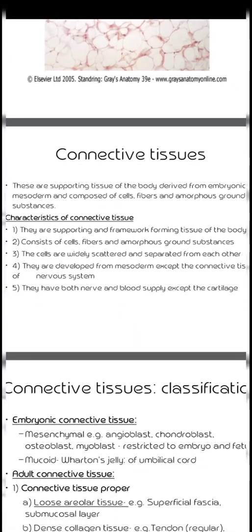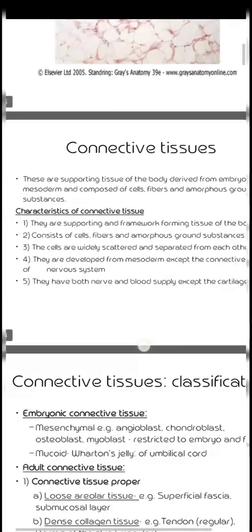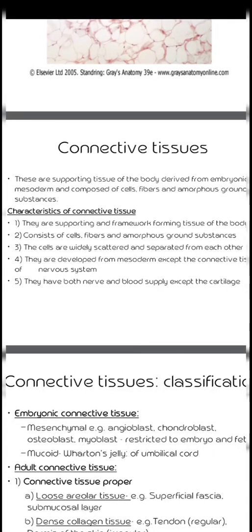Connective tissues are the basic supporting tissues of the body. Their basic purpose is to support the body, whereas the basic purpose of epithelial tissues was to protect the body. These supporting tissues are derived from embryonic mesoderm. Here again I am going to compare with epithelial cells.